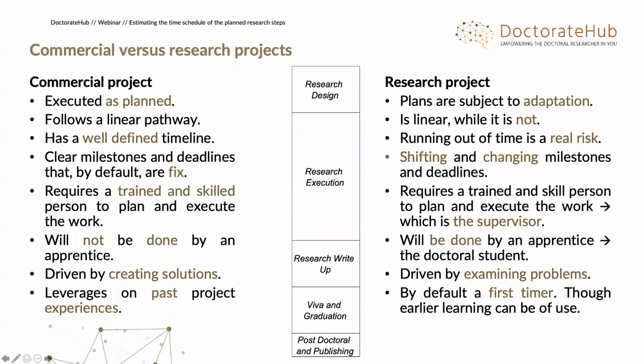And if you realize there are some gaps, then try to understand which type of management skills you need. Now, a commercial project will not usually be done by an apprentice, while a doctoral research project, by definition, will be done by an apprentice, which is a doctoral student. So this is also one difference.